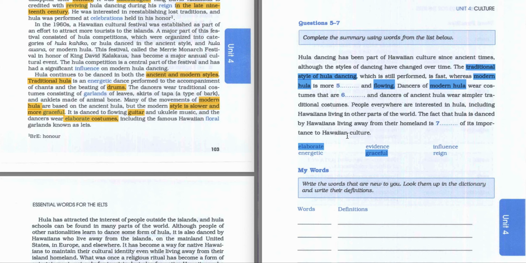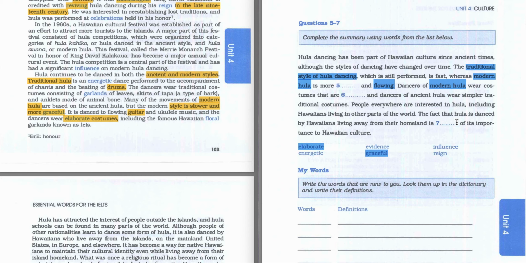Sixth question. Let's go further. People everywhere are interested in hula, including Hawaiians living in other parts of the world. The fact that hula is danced by Hawaiians living away from their homeland is something of its importance in Hawaiian culture.